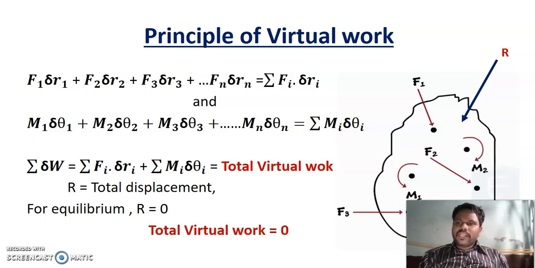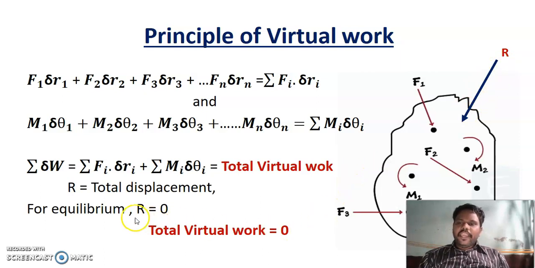The total work done on the given system is the sum of the work done by the linear virtual displacement plus the work done by the angular virtual displacement. So a body has a resultant displacement R.